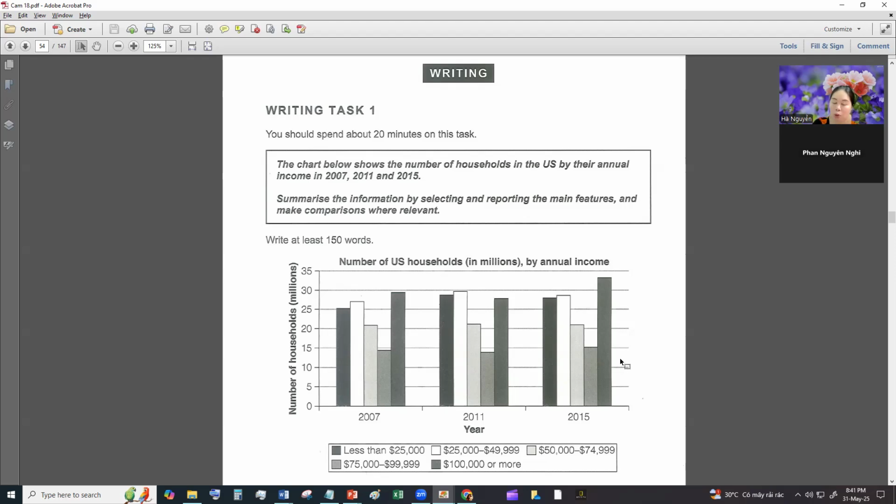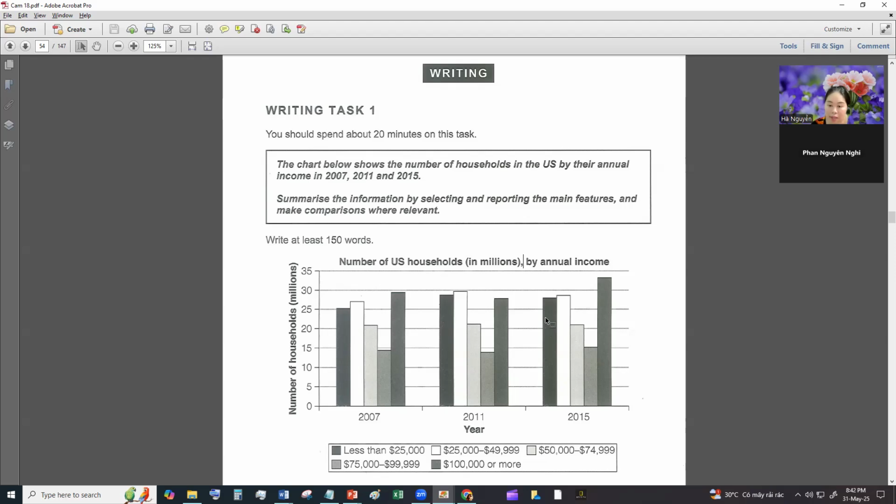So a second approach is to group the income levels according to the changes. So you would see, for example, less than $25,000, they increased and then decreased. Okay, $25,000 to $49,999, they increased and then decreased, all slightly. Okay, so those two groups increased and decreased.